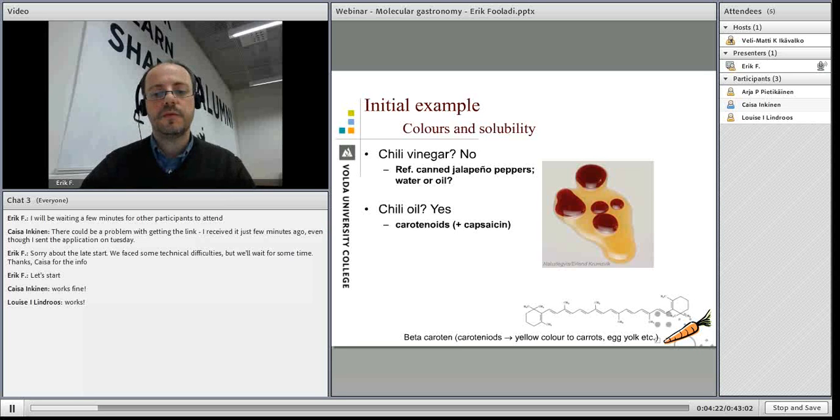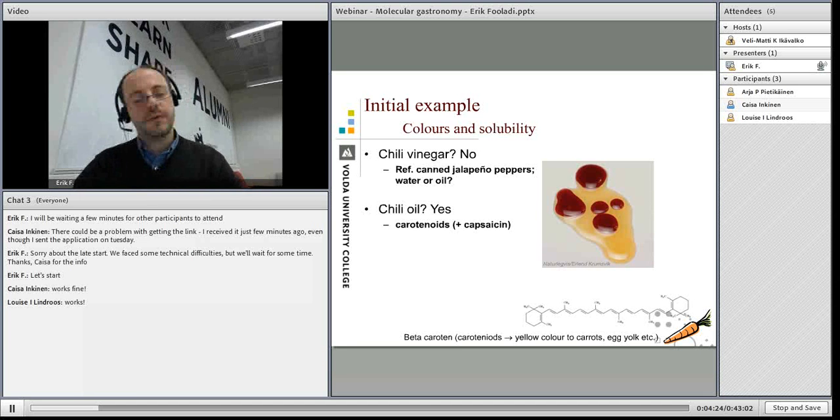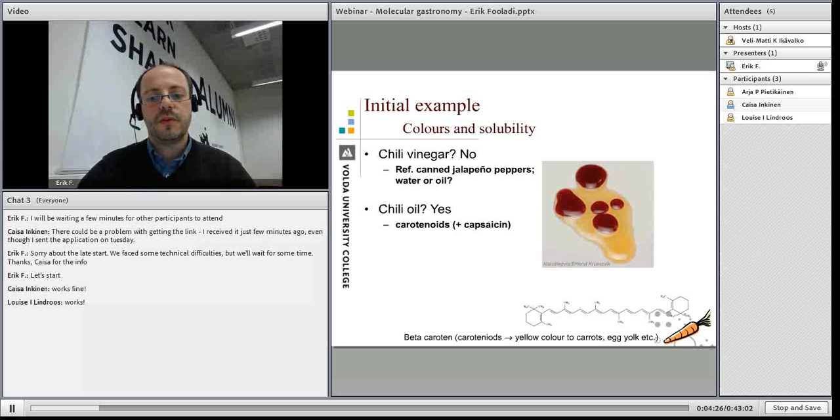So the color from the chili, if you have a red chili, would dissolve in the oil and not in the vinegar. And actually, if you look at the molecular structure of capsaicin, which is the compound that makes it burn on your tongue from chili, you could see from that molecule as well that it's probably not water soluble, but it's fat soluble.